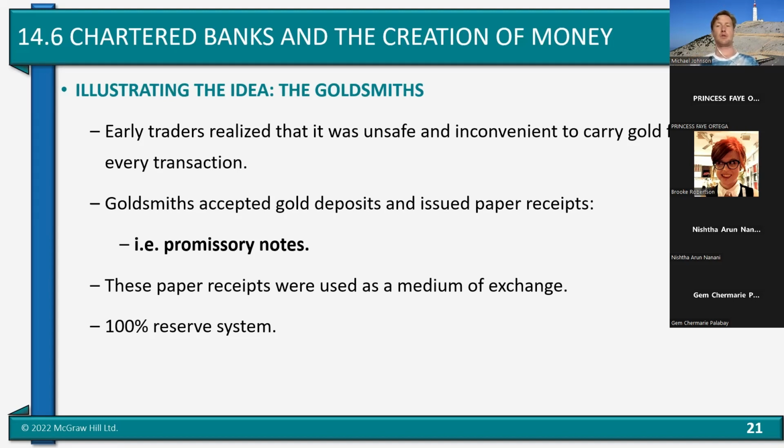So that's how things have changed. The governments can print as much money as they want, and they don't have to have gold to back that money.